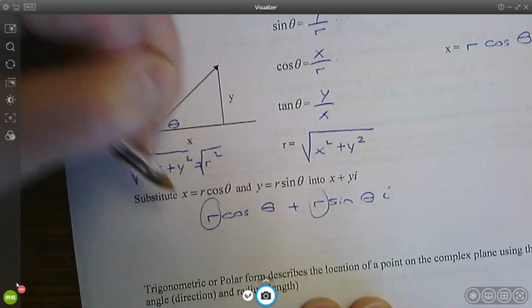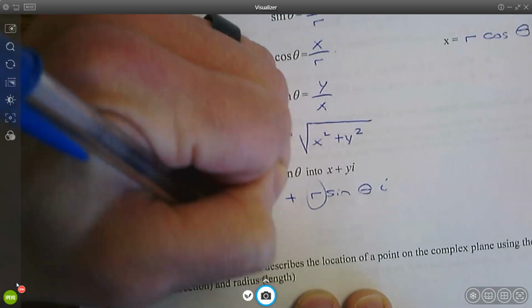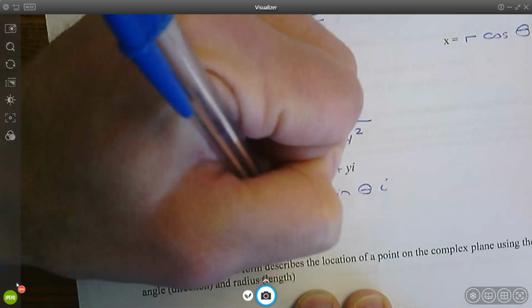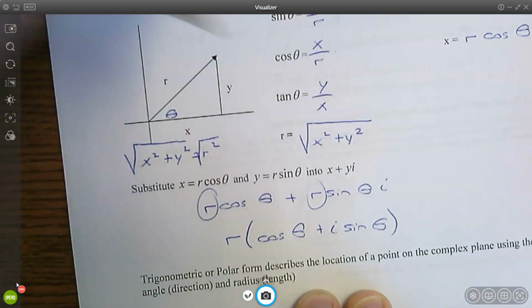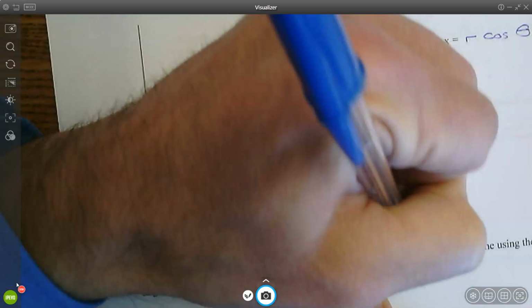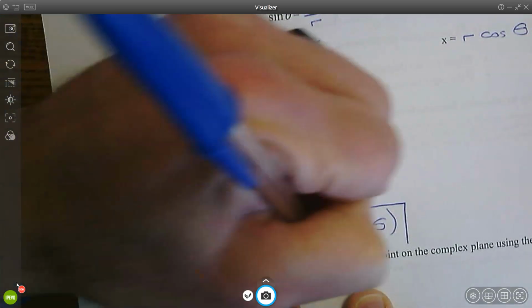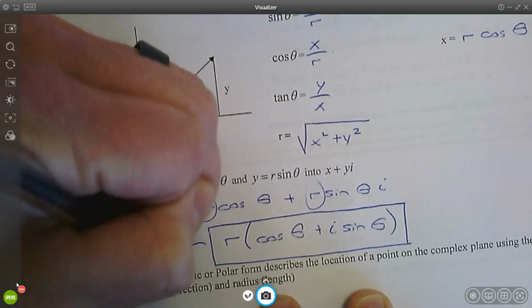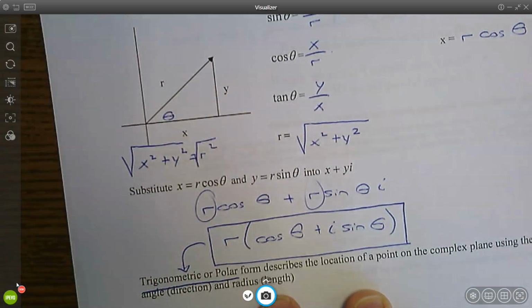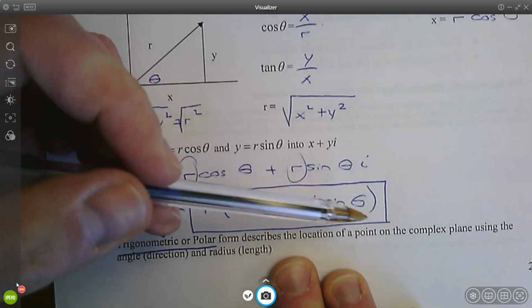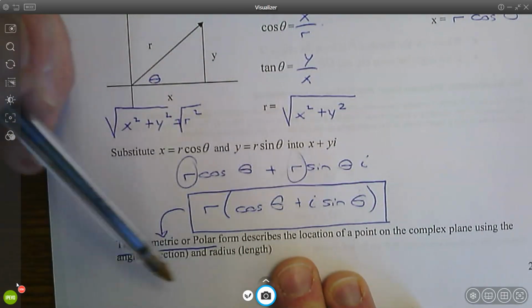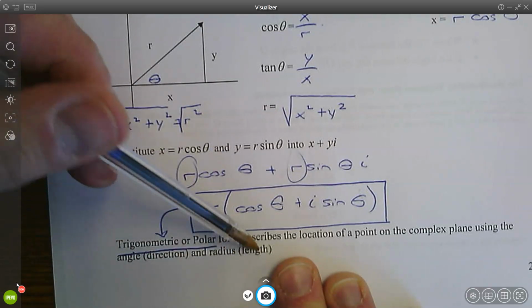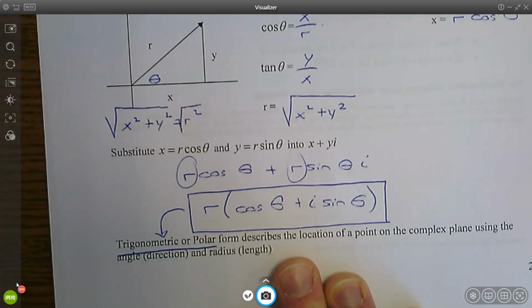And they both have an r in common, so if we factor that out, it's going to be r times cosine theta plus i sine theta. This form is going to be referred to as trigonometric or polar form. And it describes the location of a point on the complex plane using the angle, theta, which is the direction, and the radius, the length.